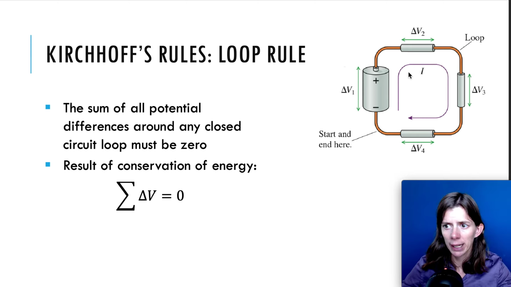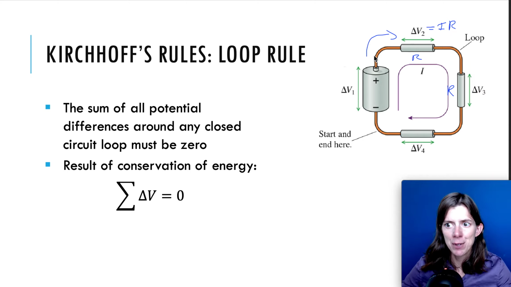In this circuit here, we have a battery that's providing the energy for our charges to move. As our charges move through each of these resistors, they all have a potential difference across them because we know that delta V equals I times R from Ohm's law. As the charges move through a resistor, they lose energy, lose more energy down here, lose more energy down here.